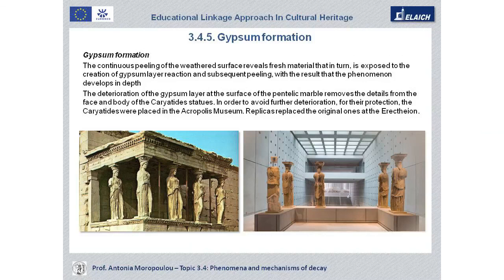This is a phenomenon which is continuously repeated with a final output, the disappearance of the sculpture. The reason of this continued effect is the one that led caryatids to be protected within the Museum of Acropolis, and is concluded with replicas on site.